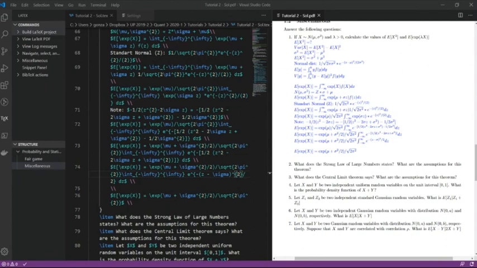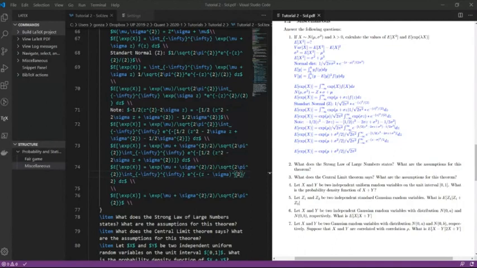Now the weak law assumes a little bit less stuff. So instead of a probability of limits, it's a limit on probabilities.